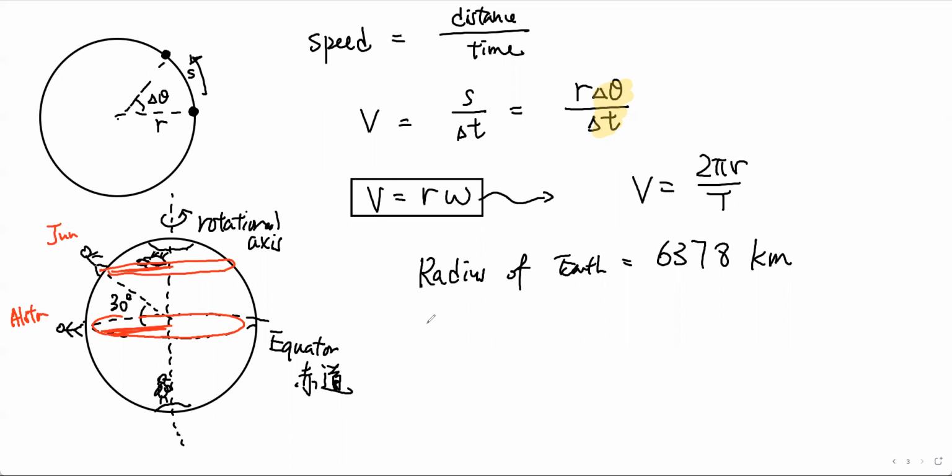So let's find the speed of Elson. Now then you use 6,378. Now remember, change it back to meters, right? Now no one will remind you in the exam. Almost all the questions you need to change, let's say km to meters, and so on.